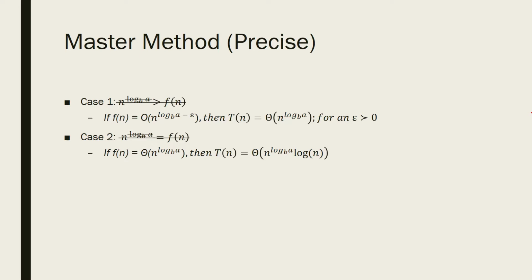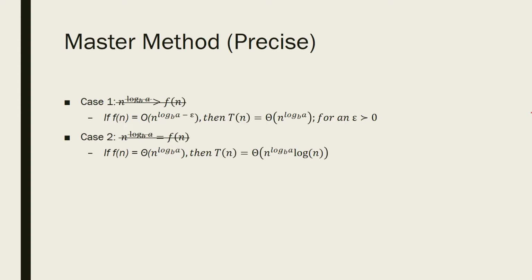What that means is that f of n has to have a shorter or lesser runtime than the recurrence relationship. This is just a wacky way of writing that the recurrence relationship needs to be bigger than f of n.